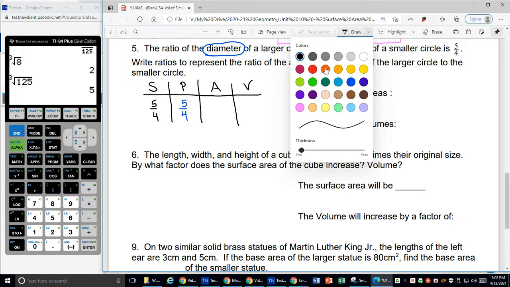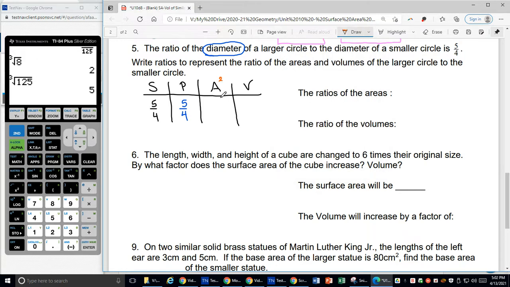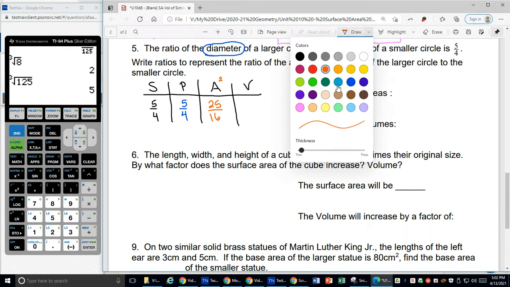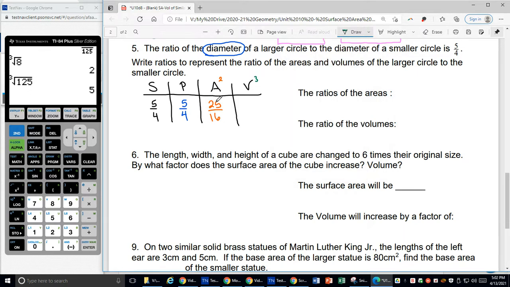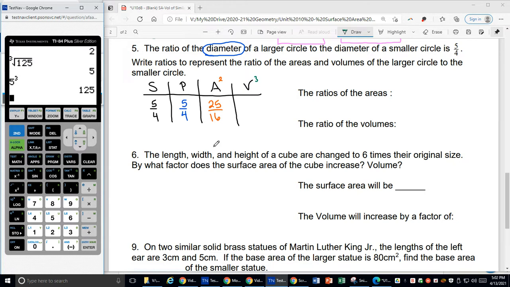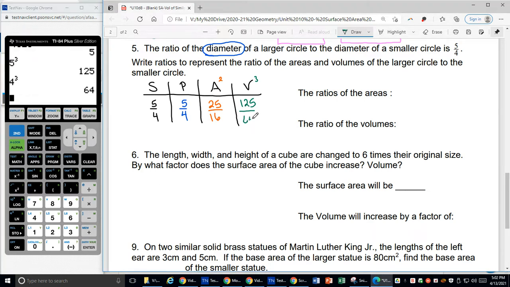The ratio of my areas, we square the scale factor, so 5 squared is 25, and 4 squared is 16. And then for volume, we cube. So 5 cubed, 5 to the third power, or 5 times 5 times 5, is 125. And 4 to the third power, 4 times 4 times 4, is 64.